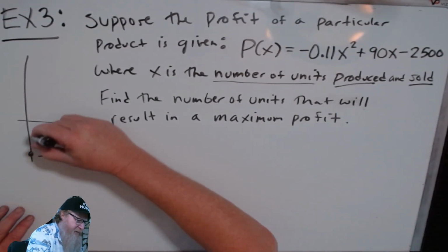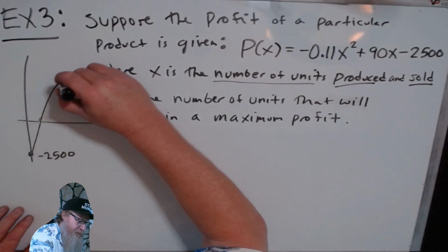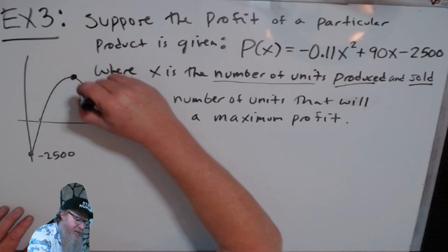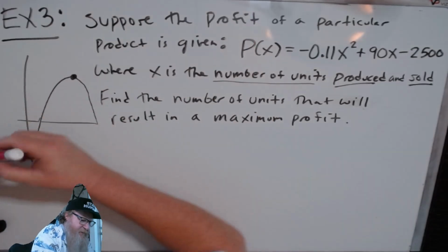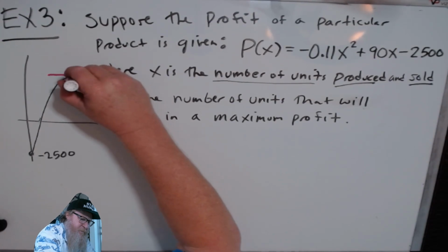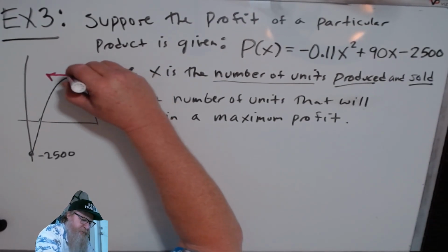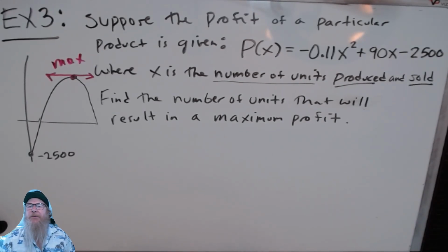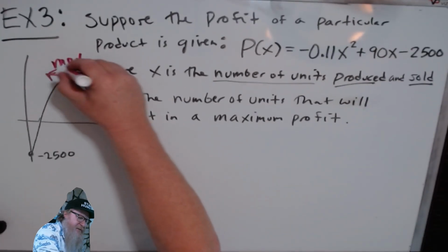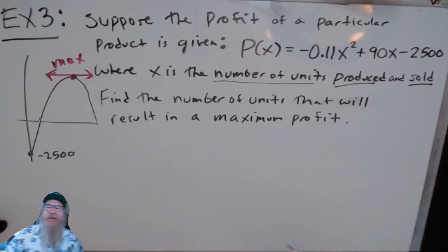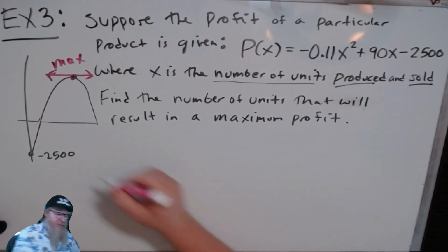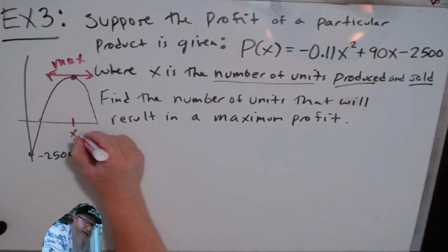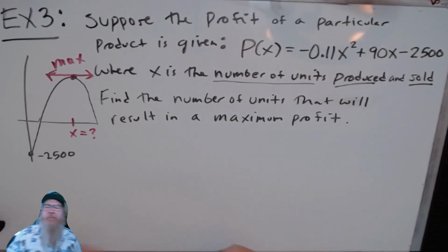You start selling stuff, and you want to get to here where the profit is maximal. All right. Why did I draw that horizontal line? Because that's the slope where the profit is maximal. So the question is, what is this X value where the profit is maximal?